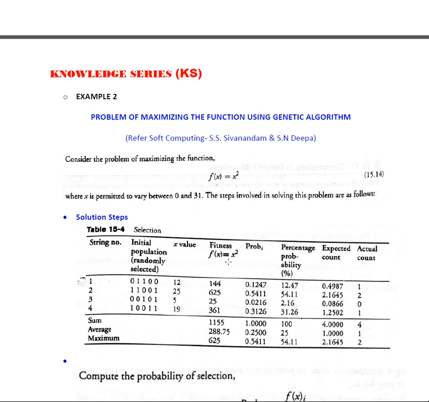Now we are going to find the probability. How will you find the probability? First of all, we add all these values together. When you add them together, we get 1155. Now in this 1155, we select the first one, P1.